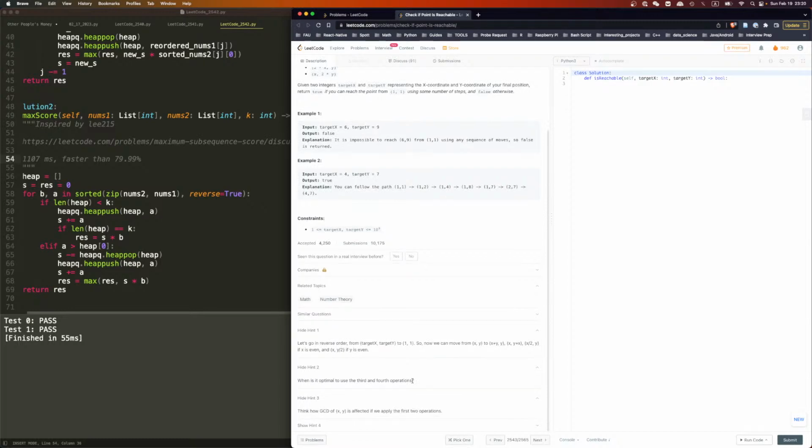Think how GCD of x and y is affected if we apply the first two operations. The GCD.